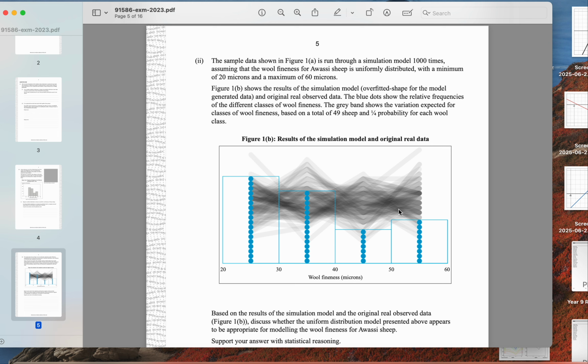They've run it 1,000 times, that's why there's some that are lighter and some that are darker, because there's a whole lot of overlap. So the question is what we see with the blue, which is clearly not exactly uniform, but it's only one sample. Is it close enough?